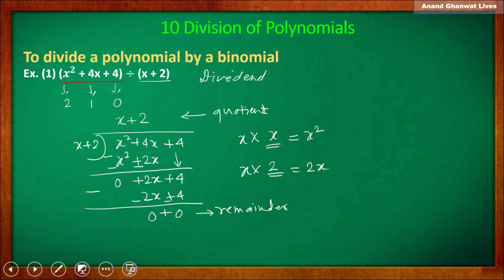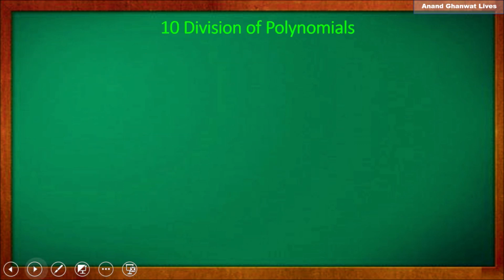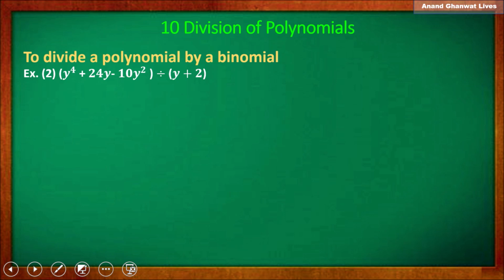Now next question. In the second example, we have y raised to 4 plus 24y minus 10y square divided by y plus 2. Now find the indices of each term. The index of the first term is 4, the index of the second term is 1, and the index of the third term is 2.